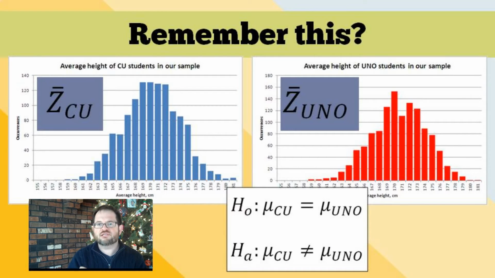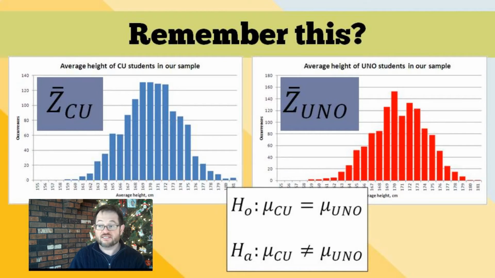Our null hypothesis was that the mean height of a Creighton student, the real parameter, the real property of the system of Creighton students, was equal to the mean of the heights of UNO students. And our alternative hypothesis was that the mean heights of the Creighton students and the UNO students were not equal to each other.